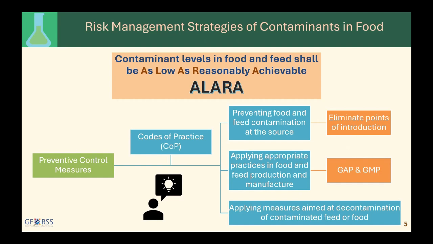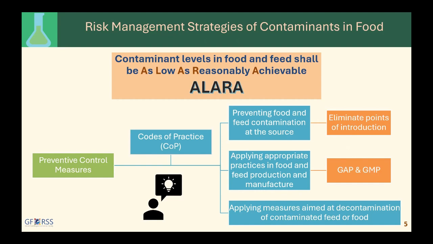So preventive control measures, prevention, isn't it the spirit of every food safety system? So let's try preventive measures, through codes of practice, preventing food and feed contamination at the source. So let's try to think about it. What can we implement? What can we improve in order to prevent the entry of this contaminant at the source?